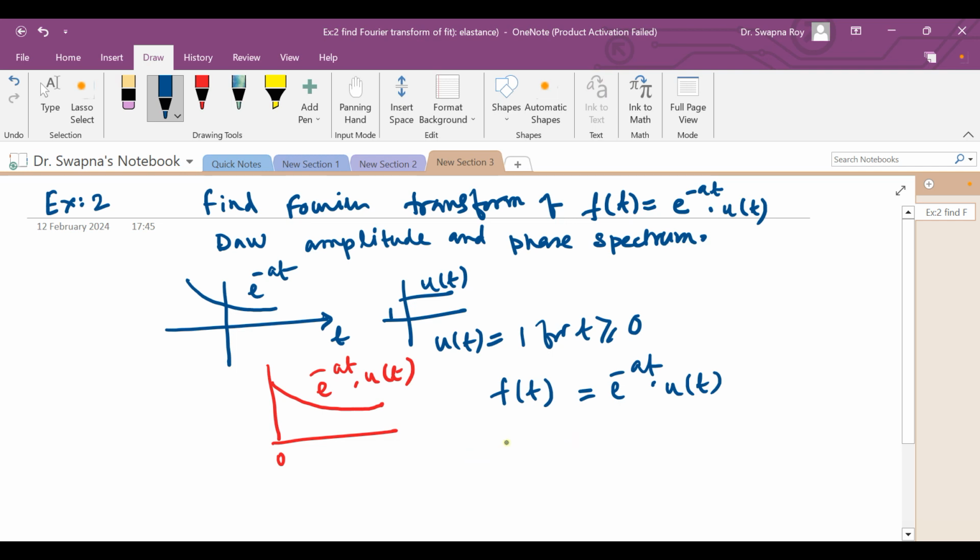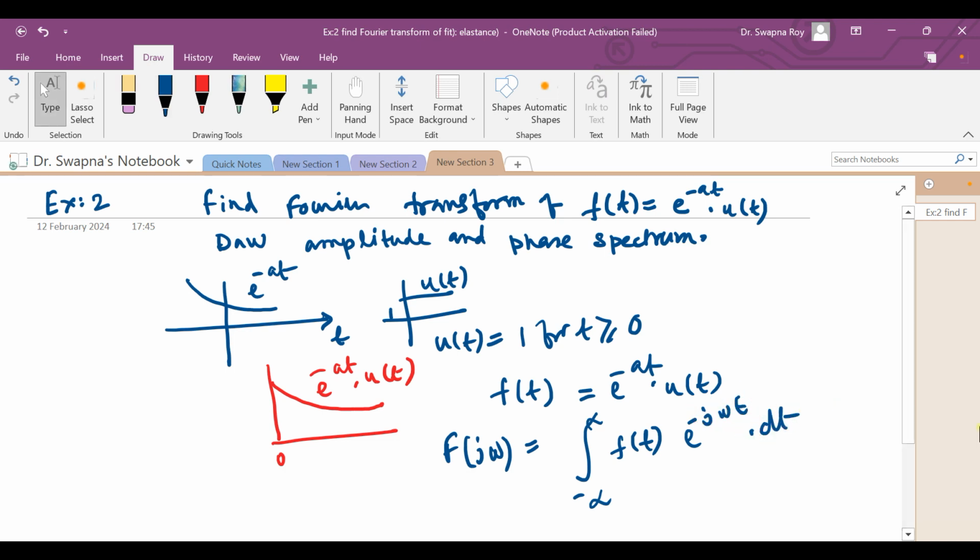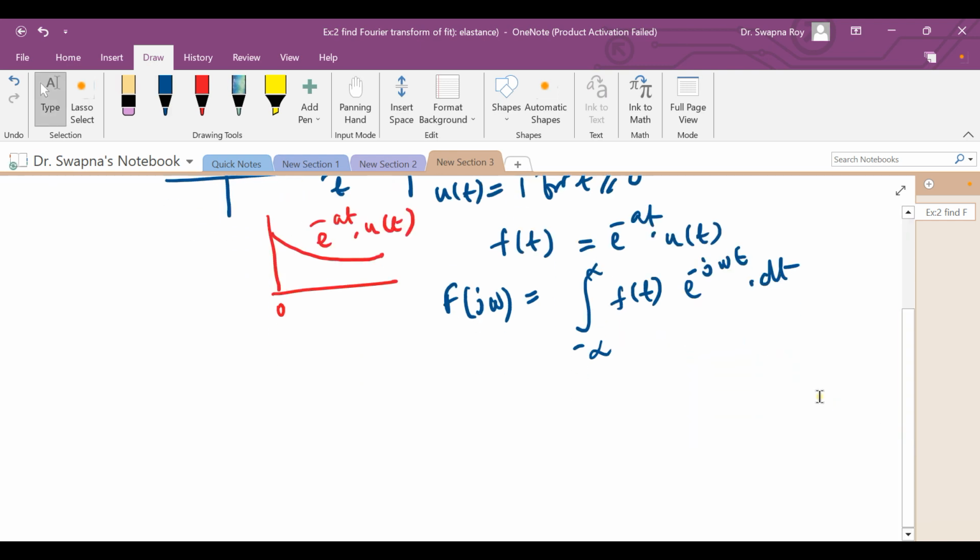Now the Fourier transform of f(t), F(j omega), is equal to the integral from minus infinity to infinity of f(t) e^(-j omega t) dt. Since the signal exists only after 0, I will change the limit, so this will be 0 to infinity.